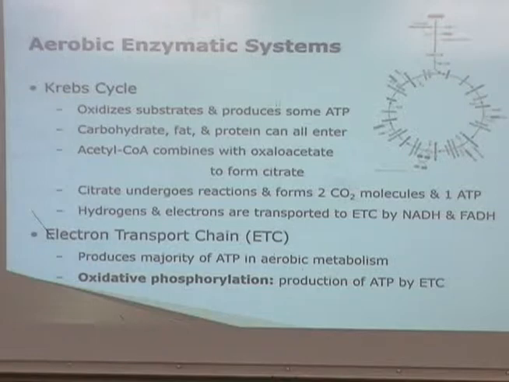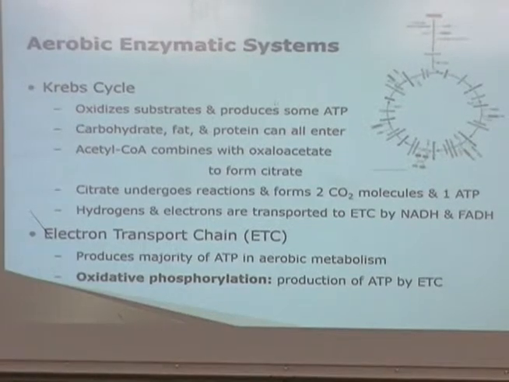So, the first part of the aerobic system is called Krebs cycle. It is a little bit like glycolysis in that it's got all these ugly terms all the way around, most of which we don't need to know off the top of our heads.